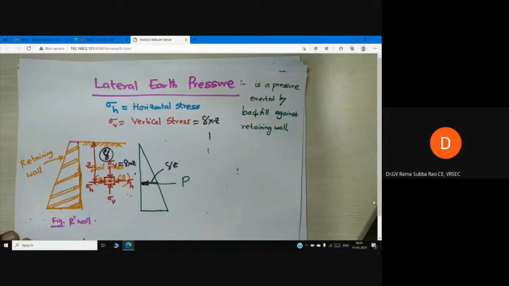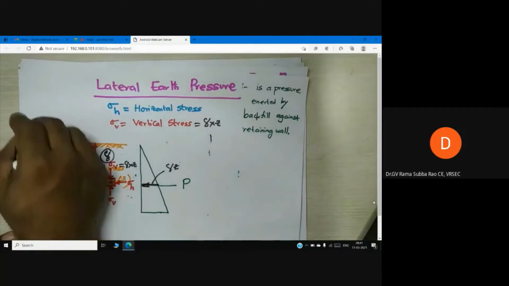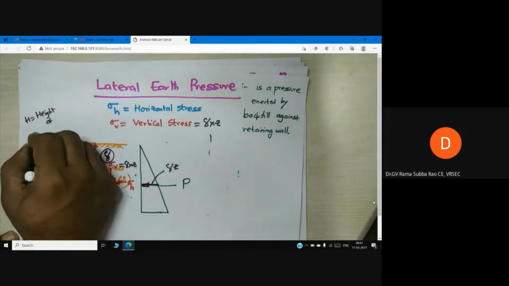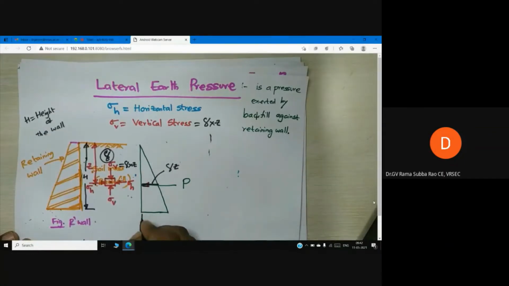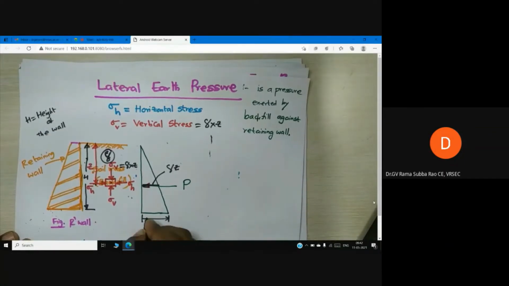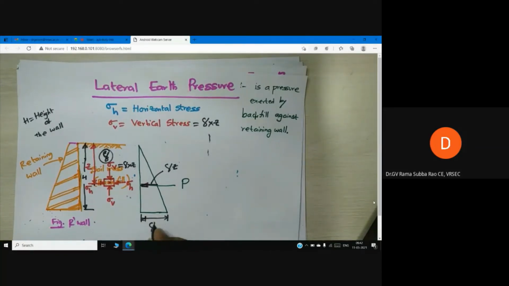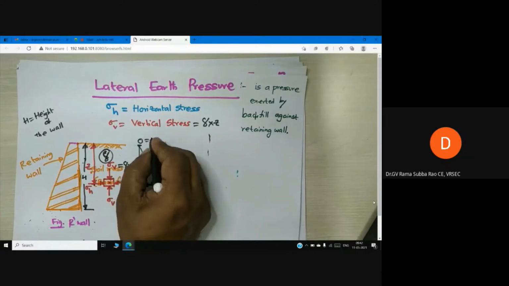Now someone can ask me what is the vertical pressure at the bottom of the wall if the height of the wall is H. H is the height of the wall. Now let us discuss what is the pressure at the base of the wall, gamma into H. At the top, z is 0, so gamma into 0.